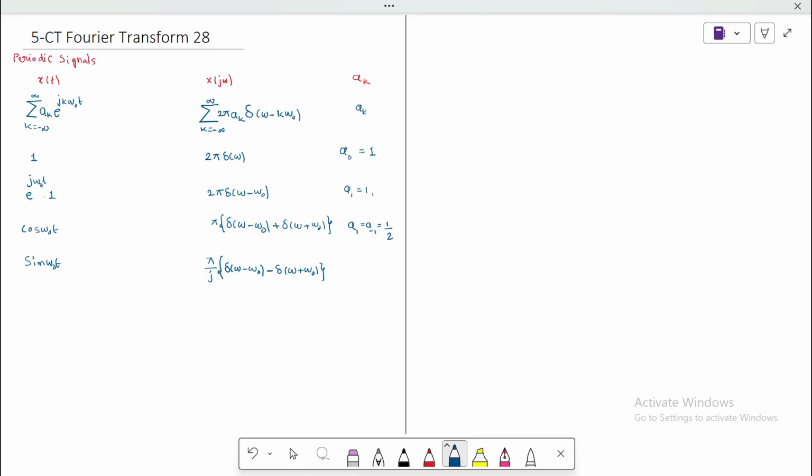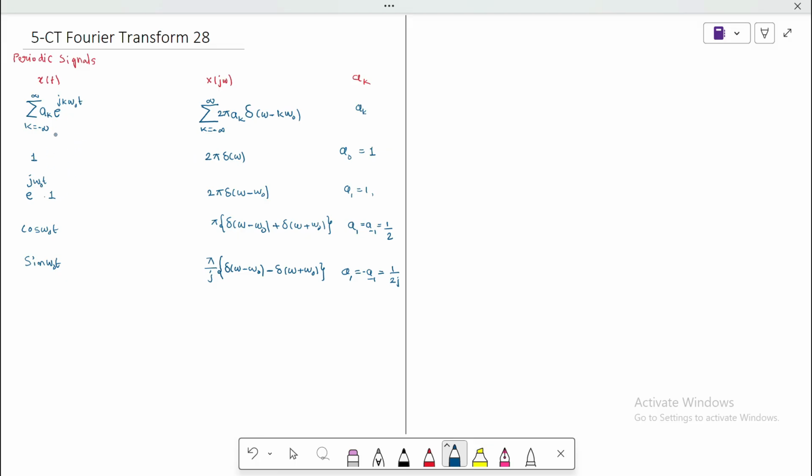Here a1 equals 1 by 2j, but a minus 1 equals minus 1 by 2j. So a1 equals minus a minus 1, which equals 1 by 2j. Otherwise, all coefficients go to 0.